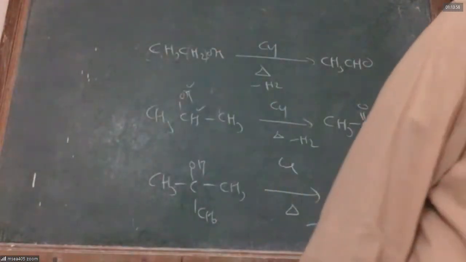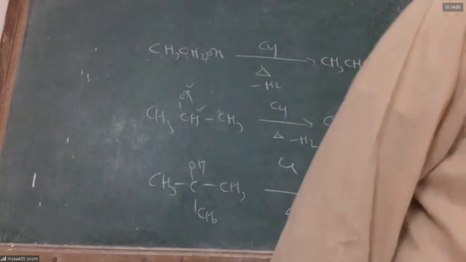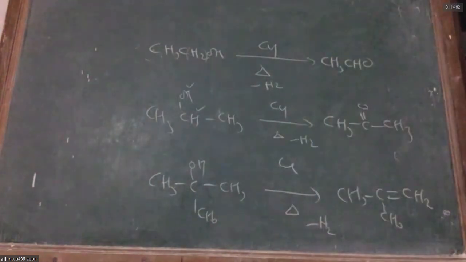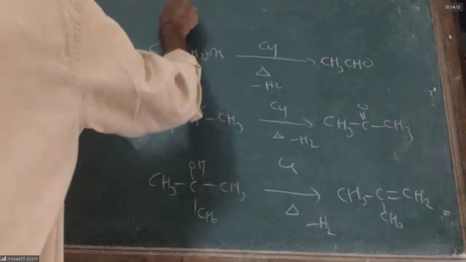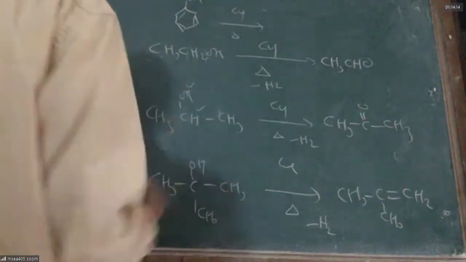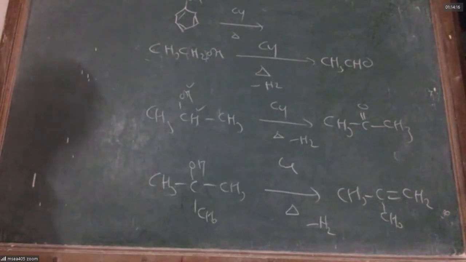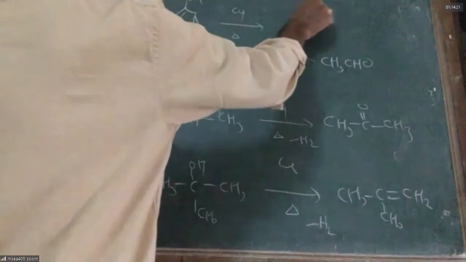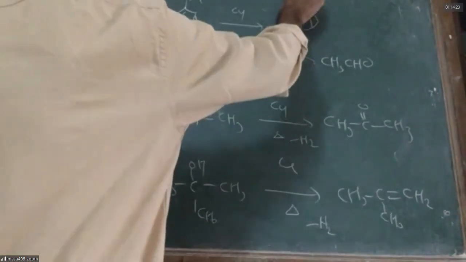In one way, it is oxidation, because addition of oxygen is oxidation, and removing hydrogen is also oxidation. Sir, what about phenols? How will they go about? Oh, very good. Phenols, if I take a phenol and heat with copper, normally there is no appreciable reaction, but if you heat very strongly, then there can be something.